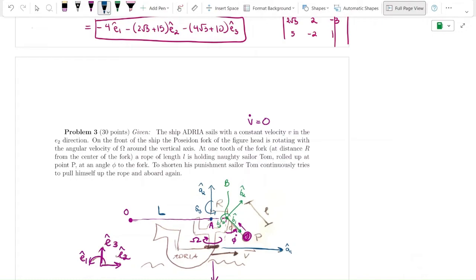It's fixed in the fork. And then from point B to point P, we go distance little l along the B1 hat direction. I'm actually going to call the first distance X, so it's easier.